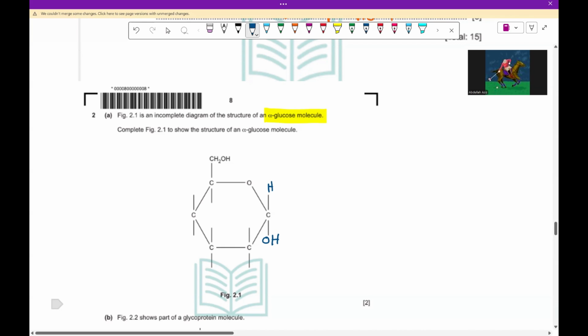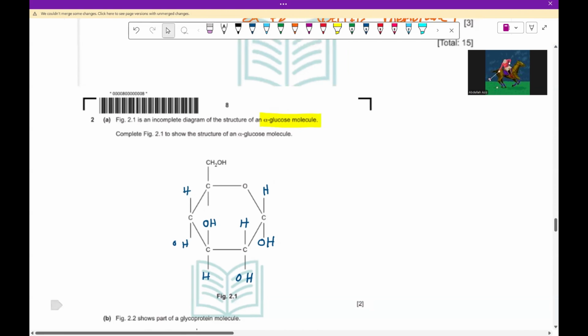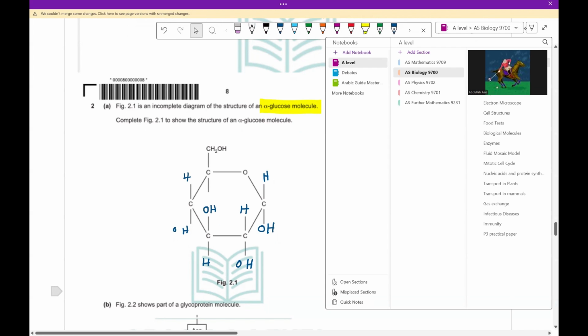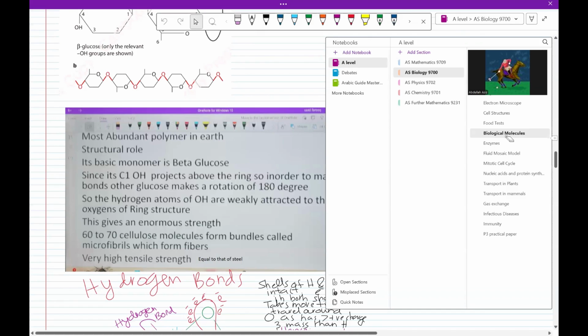So below, up, and below. If they would have the beta glucose molecule, it looks something like this.